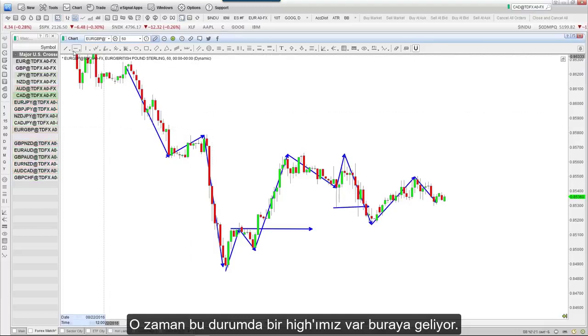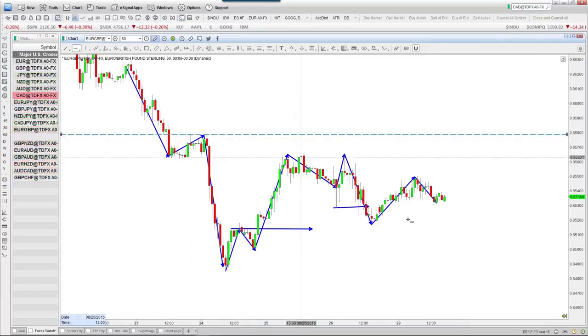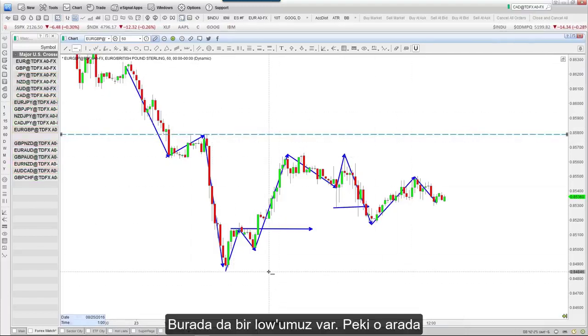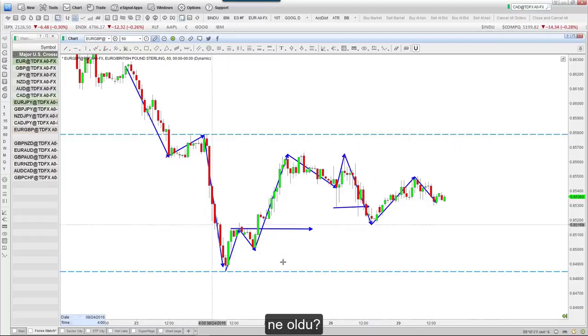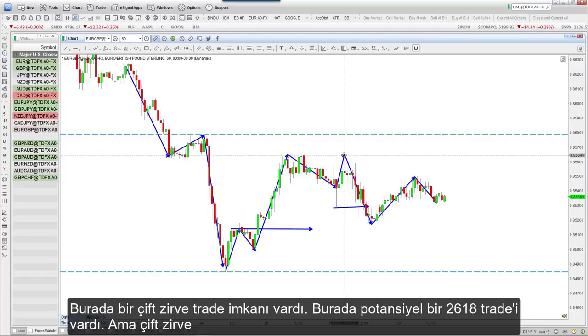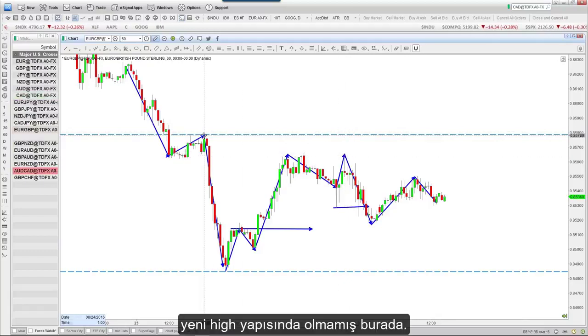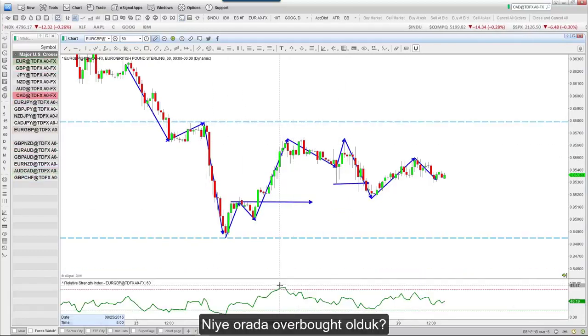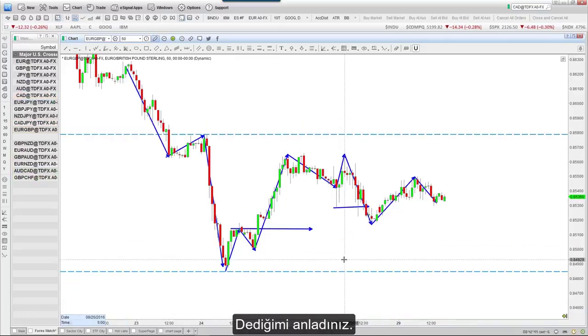So we've got a high coming in right here, and we've got a low coming in right here. And what has happened in between there? Nothing. There's been a double top trading opportunity here. There's been a potential 2618 in here, although this double top didn't happen at a new structure high. Well, we did go overbought there. But you see what I'm saying?